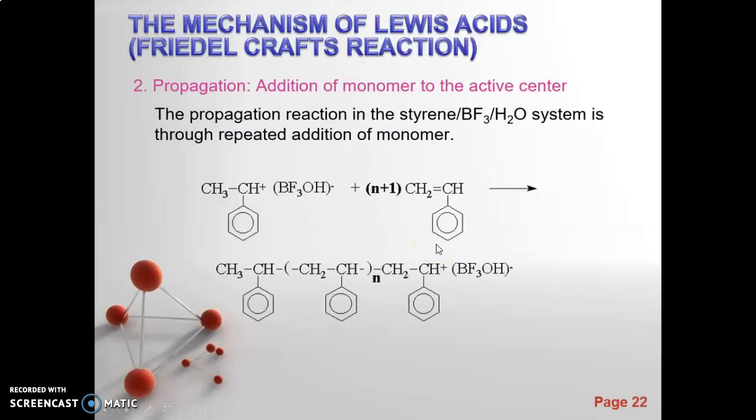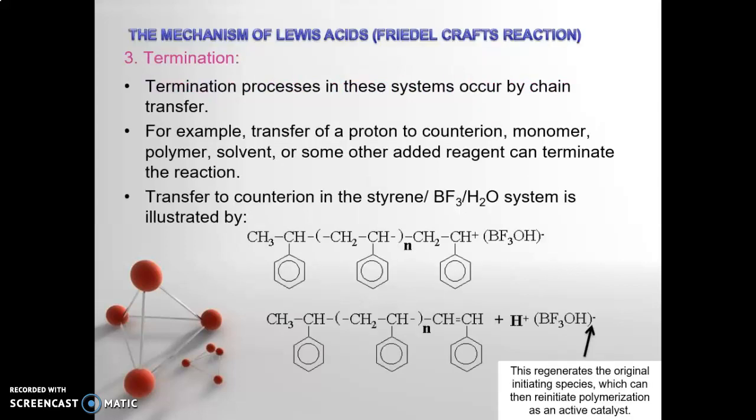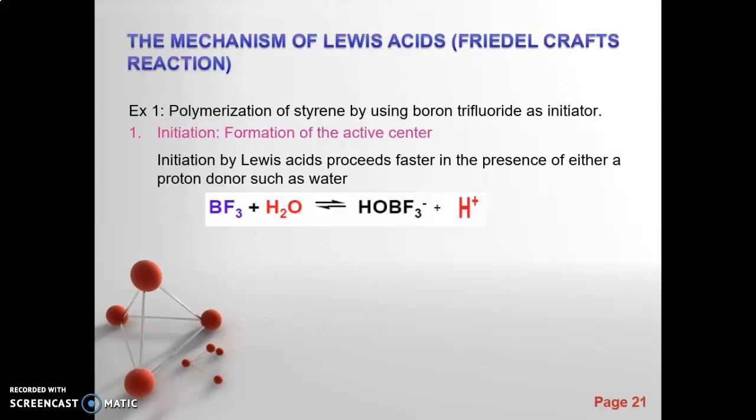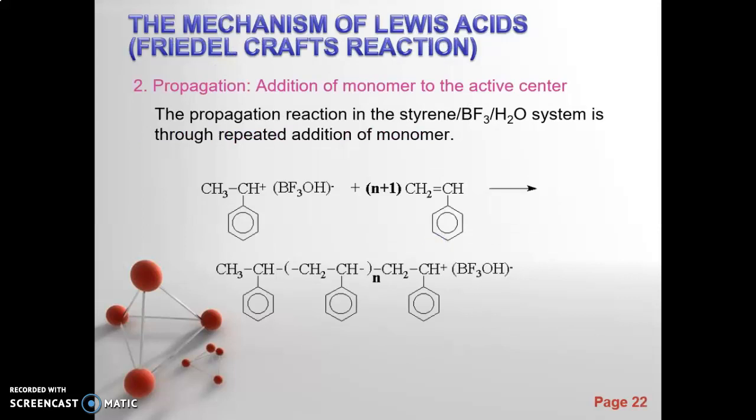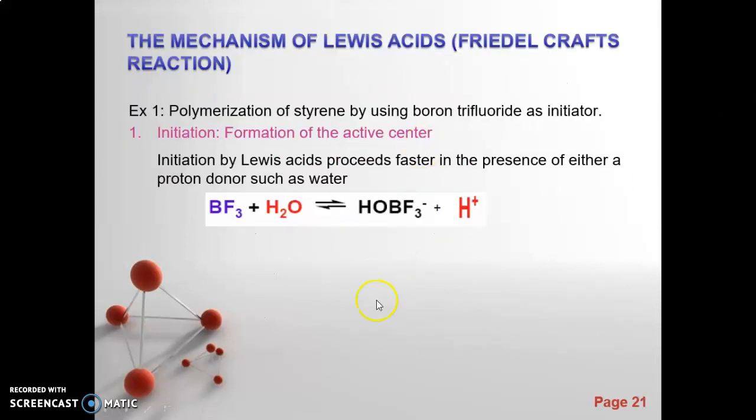So next step, the propagation. Sebenarnya dia dah skip satu kat sini, association kan. Association dia tak tunjuk. Association ni biasanya reaction of this, okay, H+ BF3OH- dengan monomer. Okay, dia akan react dengan monomer.